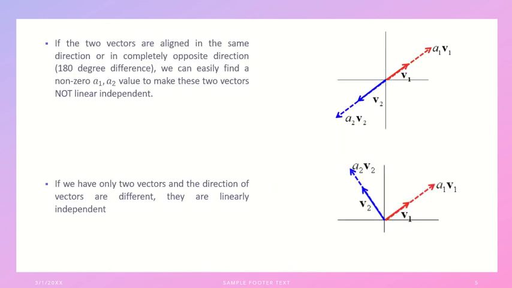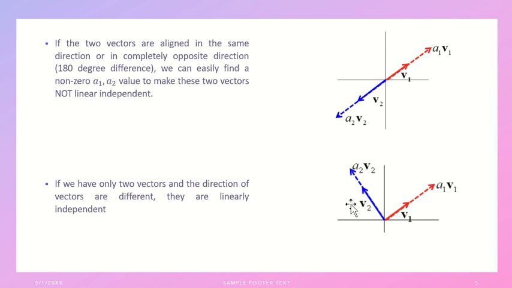In the next slide, I have examples of the direction of vectors. If the directions of two vectors like v1 and v2 are completely opposite, it means that they have a 180-degree difference. So we can easily find non-zero a1 and a2 to make this equation true, so these two vectors are dependent.